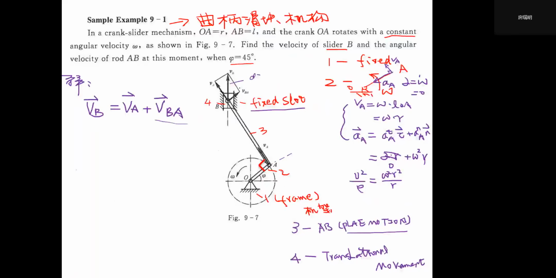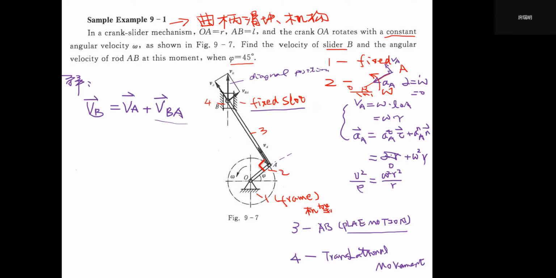That means 对角线位置, because VA and VBA are two vectors that always constitute a parallelogram, 平行四边形. Since VB equals VA plus VBA, it should always be at a diagonal position. VBA has no choice: it must be perpendicular to AB first and along this direction second.